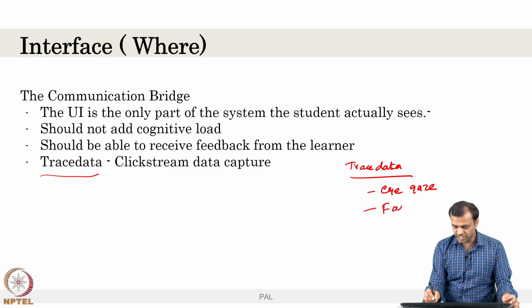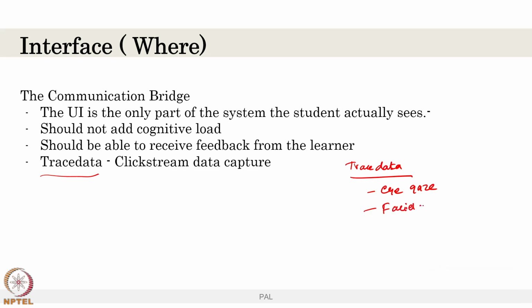It can also be facial expression data, collected to understand emotions or affective states. That is also possible. The key data we are talking about here is clickstream data. The learner's clicks in the learning environment should be captured. Sometimes you could capture mouse strokes, mouse scroll movements, and keyboard strokes.